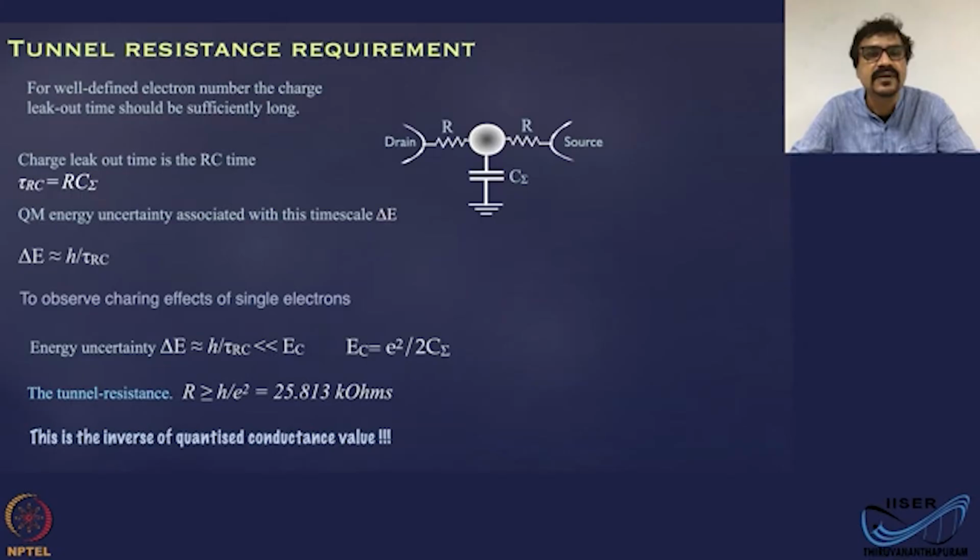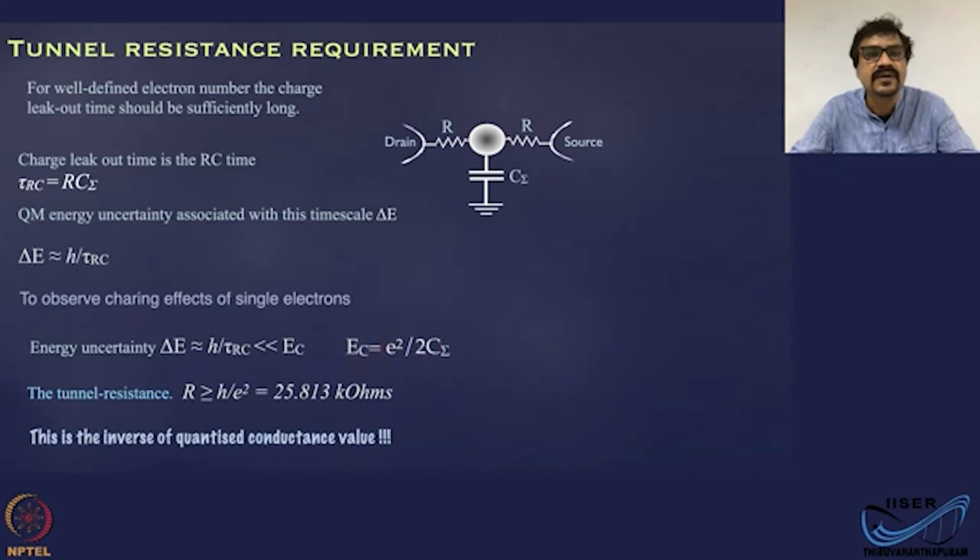Now, the energy uncertainty associated with this charge leakout is given by the quantum mechanical energy uncertainty relation, that is delta E delta t is approximately h. So the energy uncertainty associated with this time is h by tau RC. And this energy uncertainty should be much lower than the robust energy scale that we are discussing, that is the charging energy.